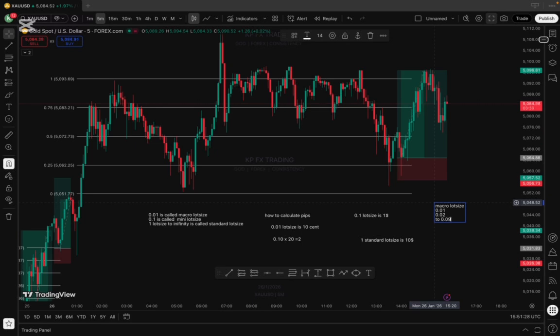This simply means 0.1 is 10 cents, 0.2 is 20 cents, 0.3 is 30 cents, 0.4 is 40 cents, 0.5 is 50 cents, 0.6 is 60 cents, 0.7 is 70 cents, 0.8 is 80 cents, 0.9 is 90 cents, which is now the 100 cents.